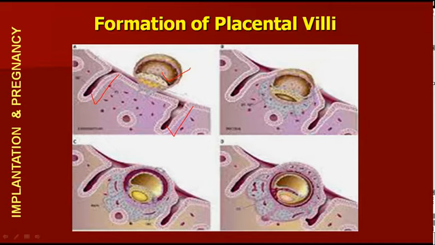Now the trophoblast that touches the surface of endometrium digests the cells, making a space for its entry, and it comes inside the uterine wall. Now from the surface of trophoblast, a number of primary and then secondary villi are formed.